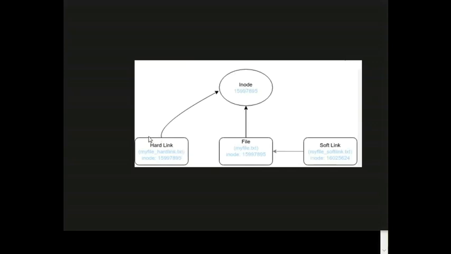Whereas the hard link, even if I remove this file, will not be affected because it's directly connected to the inode. So that's the concept. Let's start with the practical now.